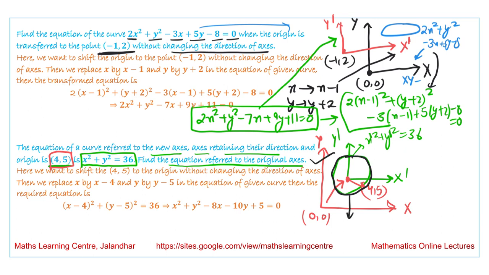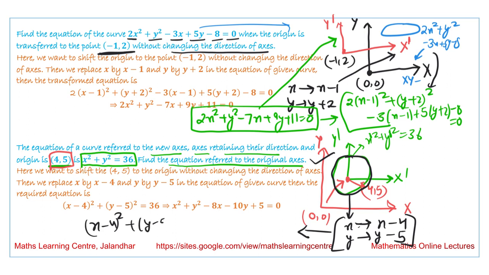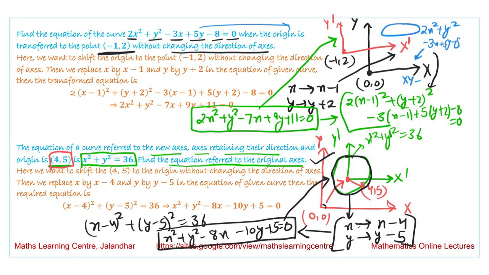So the transformation we apply is x will be replaced by x minus 4, y will be replaced by y minus 5, and the equation will become (x minus 4) square plus (y minus 5) square is equal to 36. On solving this, we obtain x square plus y square minus 8x minus 10y plus 5 is equal to 0. So this is the equation of this curve corresponding to the xy axes.